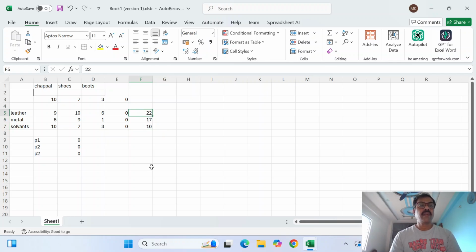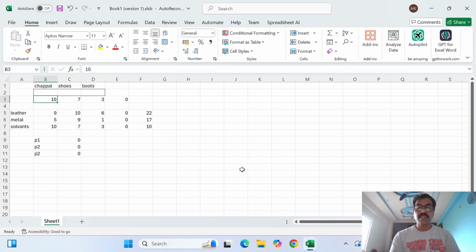In F5 to F7, I have the total amount of resource in hand, and this is the utilized resource. By utilizing these resources, I should optimize my profit for the given units of each of the products in this scenario. So this is actually the formulation of the problem.